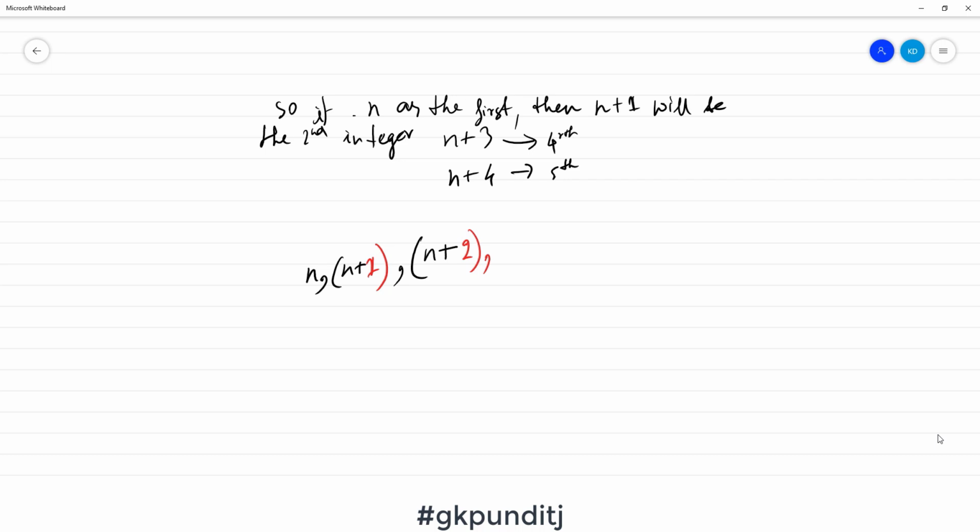There should be the black one, and n plus 4, sorry, here should be the red color, and here should be 3. It should be red color.